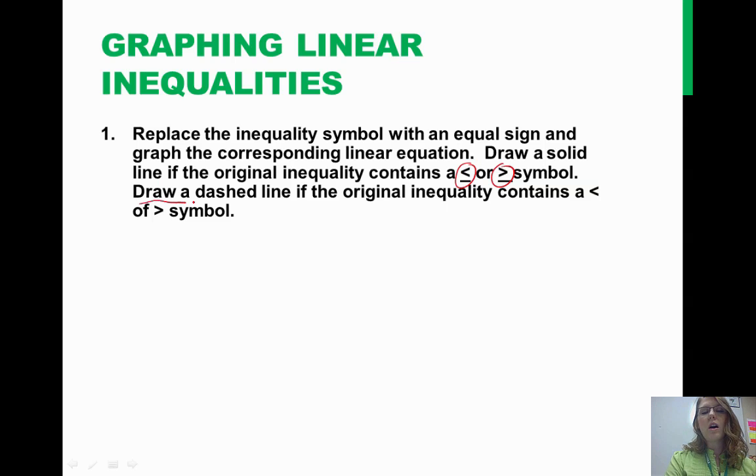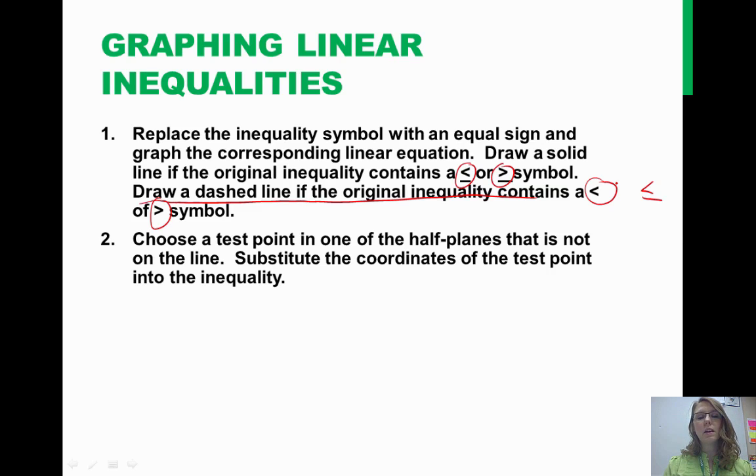We're going to draw a dashed line if it is less than or greater than. Notice that because it doesn't have the equal sign under it, it doesn't include the line. So we're putting a dashed line there to signify that that's where the solution begins, but it does not include the line itself.